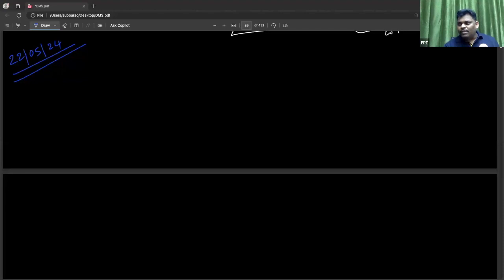Some people are thinking that G1 complement is G2, so both contain the same edges. No, complemented graph, you cannot say both contain the same edges. That is called self-complementary. Are you getting? Complementary graph is different, self-complementary graph is different.